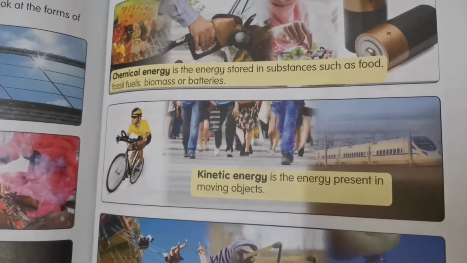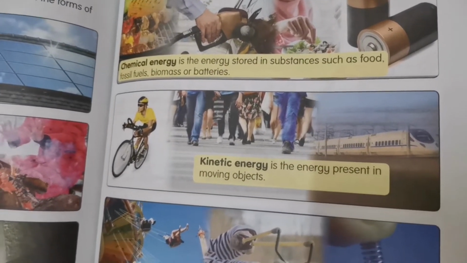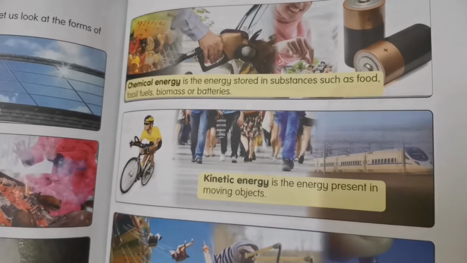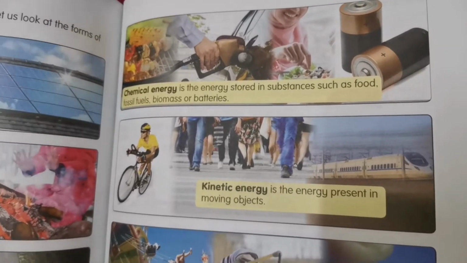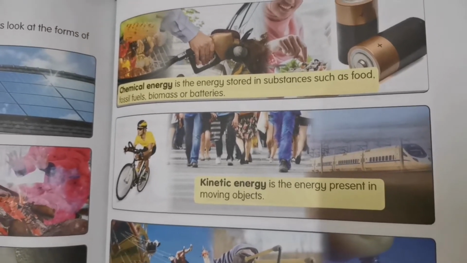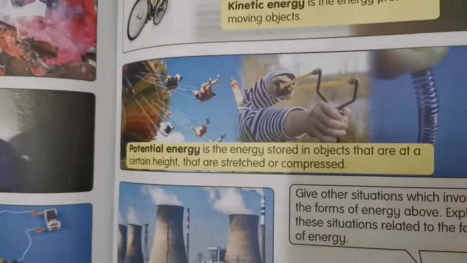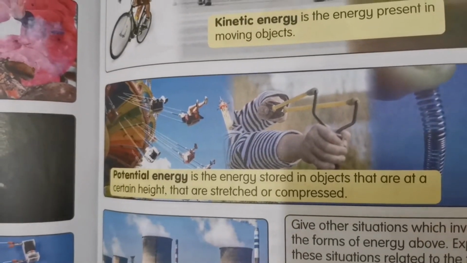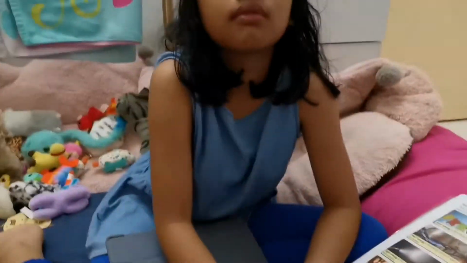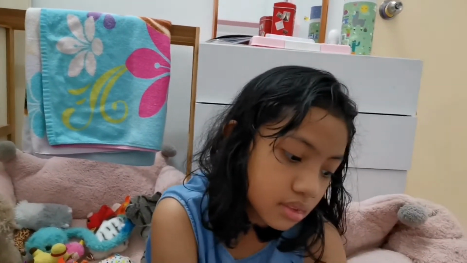Kinetic energy, like I said just now, is related to something moving. You have to know that. Potential energy is the energy stored in objects that are at a certain height. Let's say you want to go on a slide, so you climb the stairs.